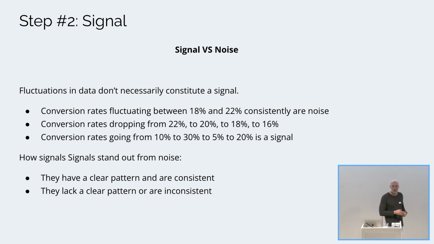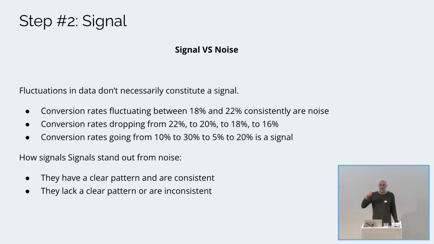For example, if you look at the conversion rates, they always go up and down. So you will never have a flat line if you look at your data, because you have seasonal changes, AEs doing different things, and so on and so on. So if you look at your conversion rate reports, you see that they fluctuate between 18 and 22%. That's just noise. So ignore that and go look for something else.